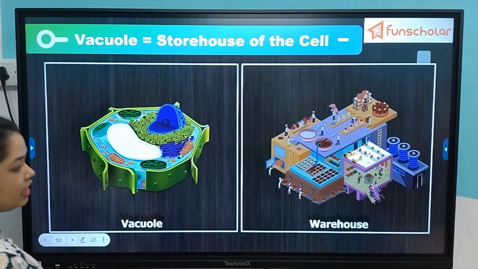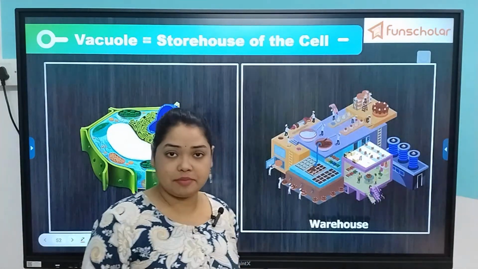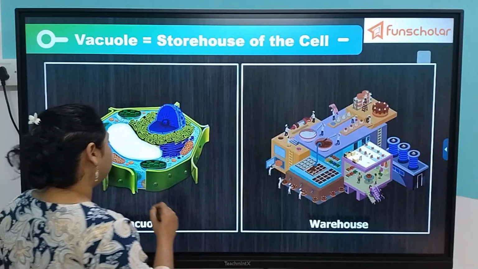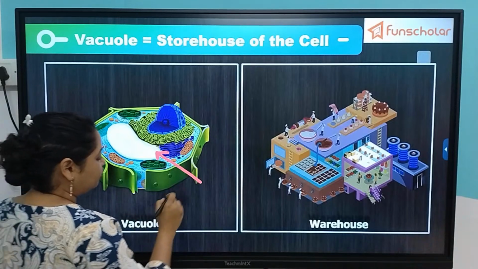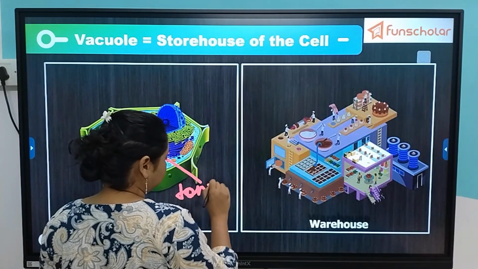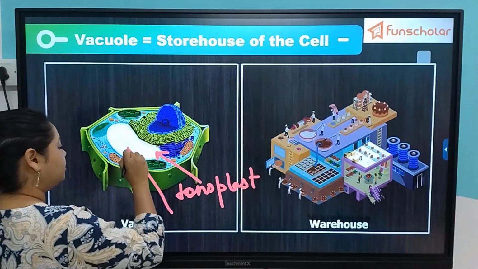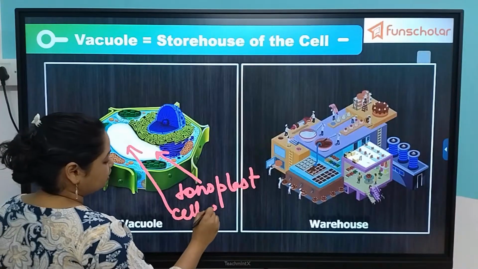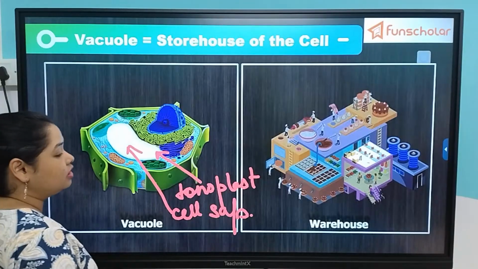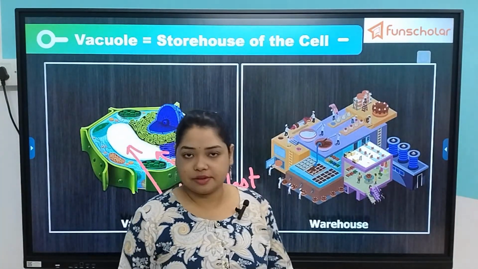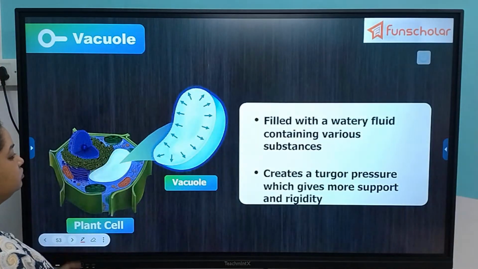And vacuole is the warehouse because it stores many things, as I told you, in the cell sap, and also the boundary or the border of the vacuole is known as tonoplast. Inside it has got cell sap, I already told, and the boundary is known as tonoplast, which contains the nutrients as well as some of the waste substances also.